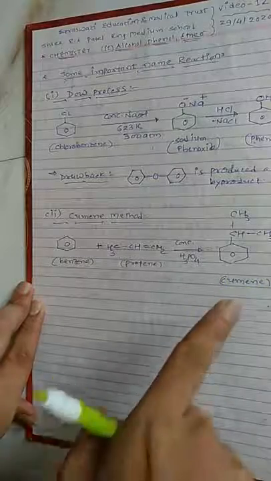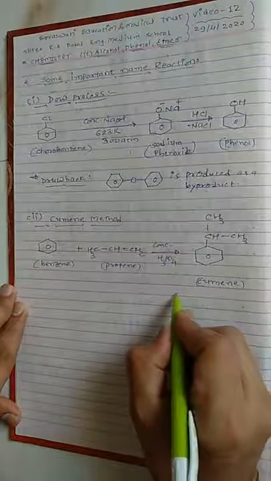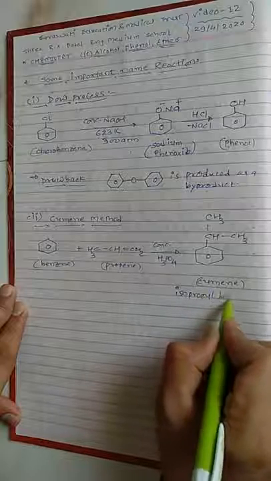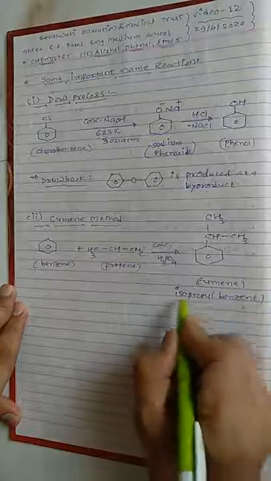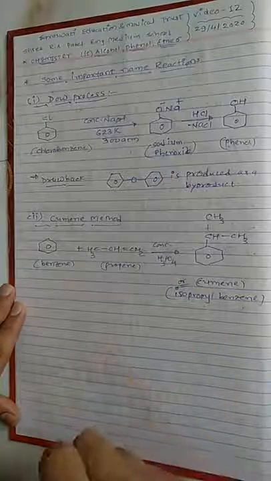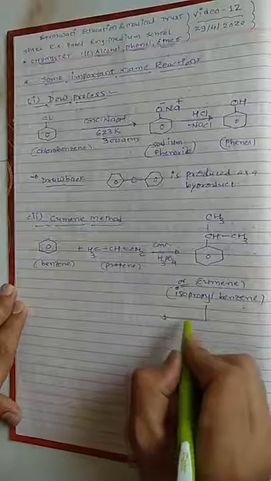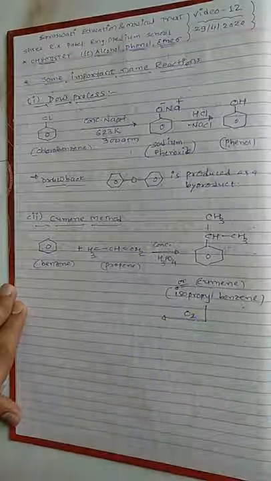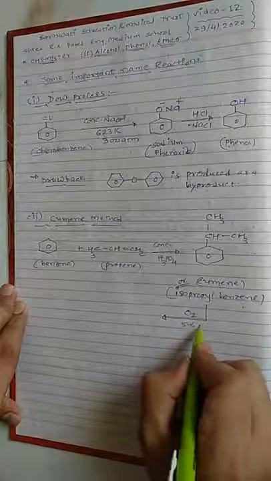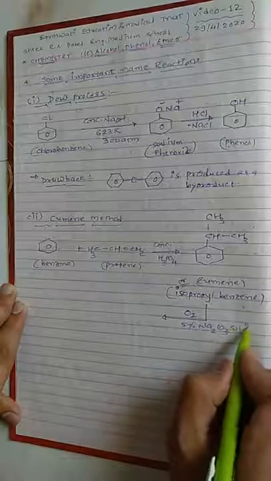But the most important part, what is the IUPAC name of cumene? The IUPAC name is isopropyl benzene, which is called cumene. Now this cumene, or isopropyl benzene, is treated with O2 in presence of 5% Na2CO3 solution.